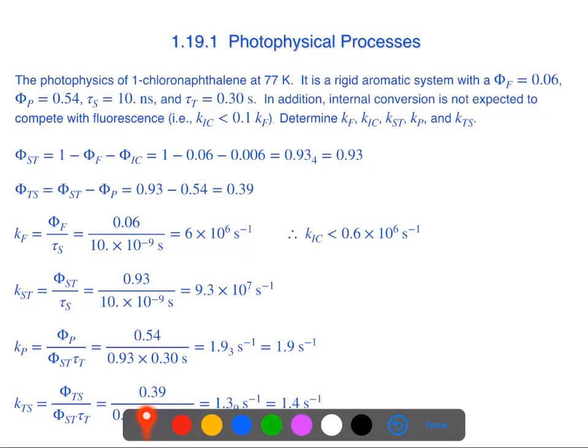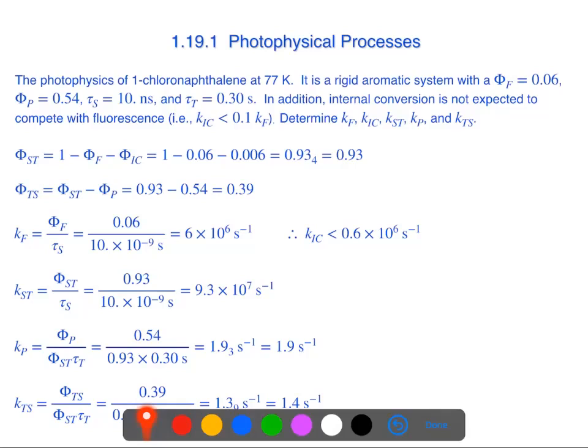Now that we have our quantum yields for fluorescence, phosphorescence, intersystem crossing from the S1 to T1, and intersystem crossing from the T1 to S0, we can now calculate the rate constants. So using the expressions that we just presented on the previous slide, we can calculate KF by taking the fluorescence quantum yield, which is given in this question, divided by the singlet lifetime, which is also given in this question.